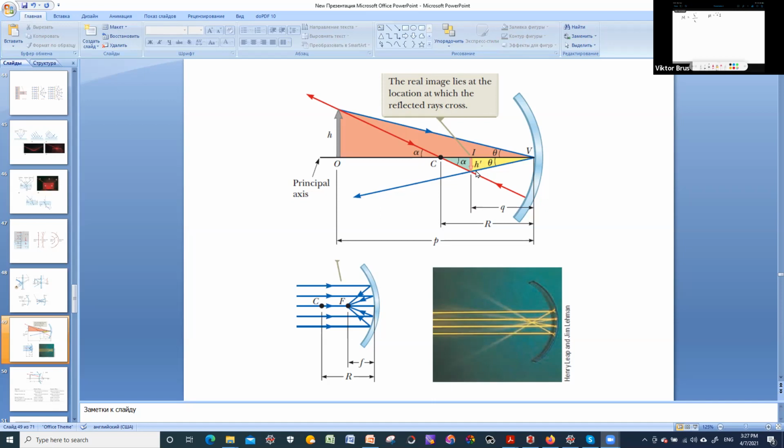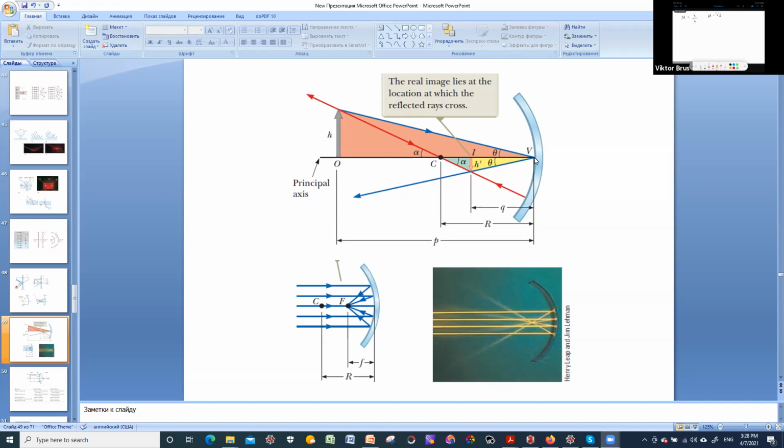Now let us consider the large red right triangle, which is filled with red color. The tangent of angle theta can be defined as the ratio of the height of the object to the distance from the object to the mirror.